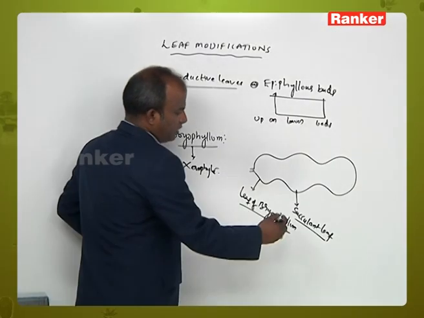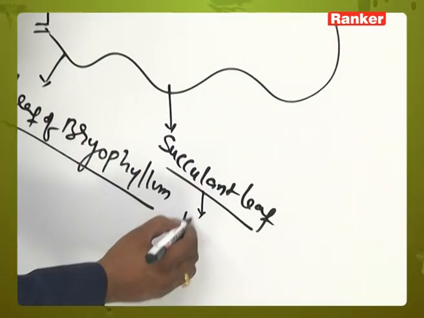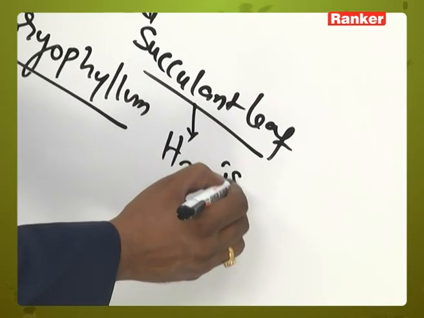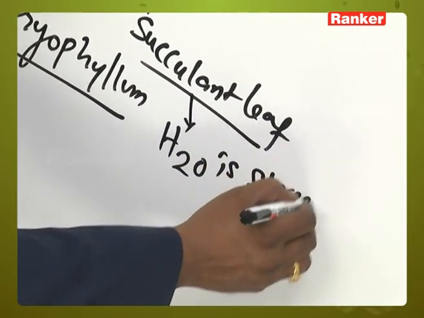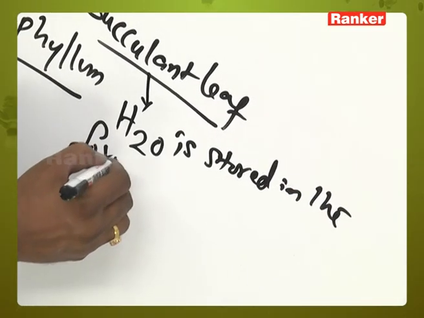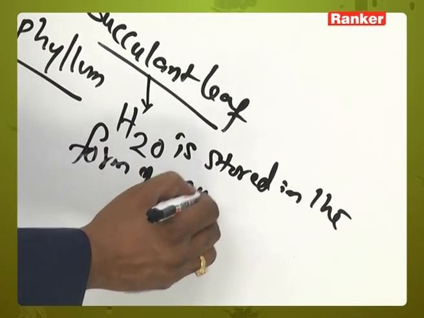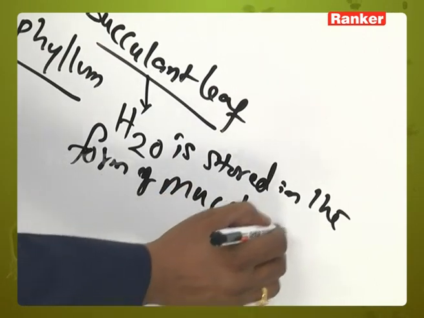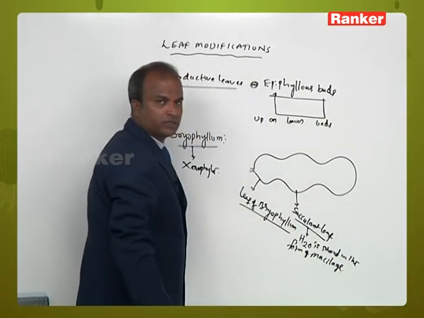That means in this leaf, water is stored in the form of mucilage. So that's why it is also called a succulent leaf.